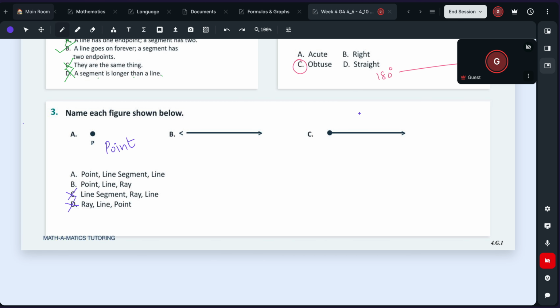This is a ray, perfect, 1 endpoint. Now, is this a segment? No, it isn't a segment, because a segment would have 2 endpoints. So what actually is it? It's a line, and it's shown that it goes on forever in both directions. So point, line, and ray. The first one is eliminated. We discussed that the second one is not a segment, so B it is.